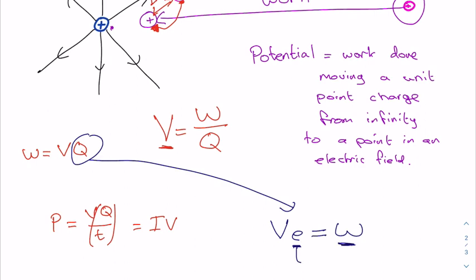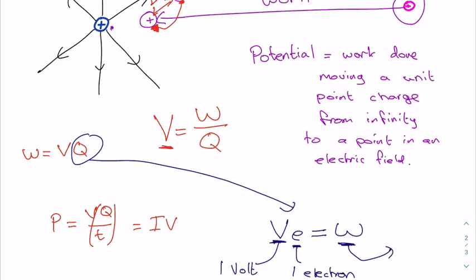It will always be the same amount of energy each time, because the electron will have the same charge each time and the 1 volt is the same each time.